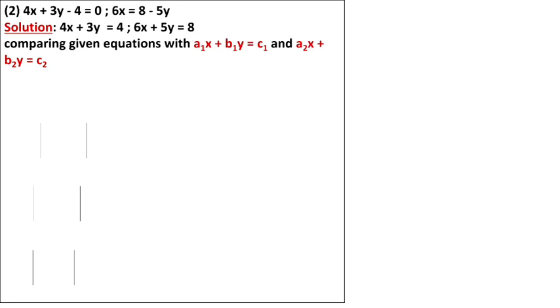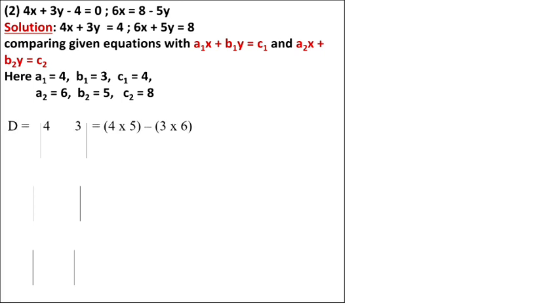Now comparing the given equations with a1x plus b1y equal to c1 and a2x plus b2y equal to c2. Here a1 is 4, b1 is 3 and c1 is 4. All this a1, b1, c1 is taken from the first equation, and from the second equation we get a2 as 6, b2 as 5 and c2 as 8.